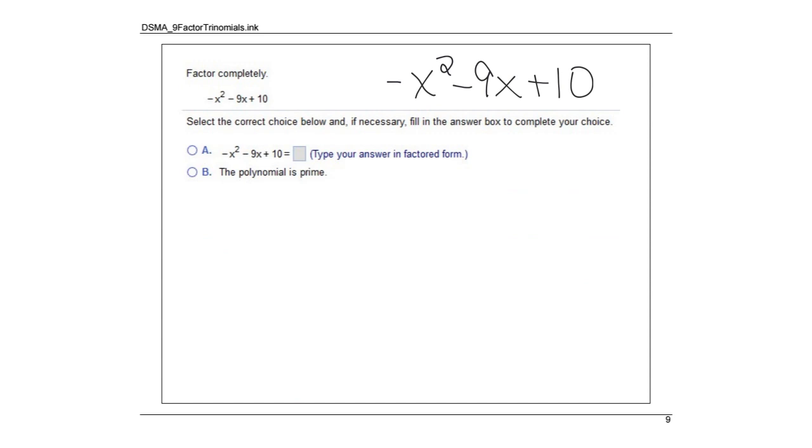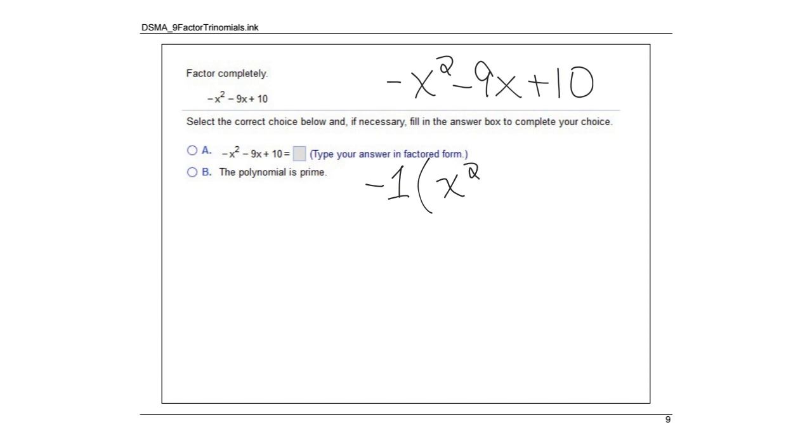All right, so this is one of the easier trinomials to factor, except that there's a negative in the front. It's more difficult to factor with a negative in the front. And so what we like to do is just pull that negative 1 out to the front.